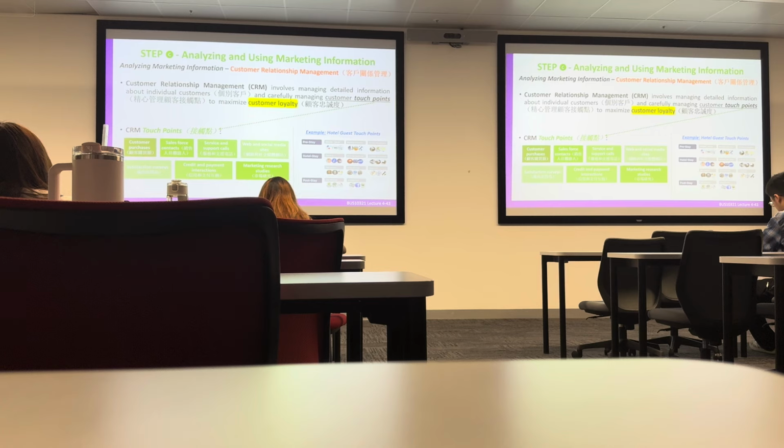How to manage the relationship is the ultimate objective to better use our information. So what we call customer relationship management, or CRM, actually involves managing different detailed information about individual customers, and we have to carefully manage their touch points to maximize their customer loyalty.